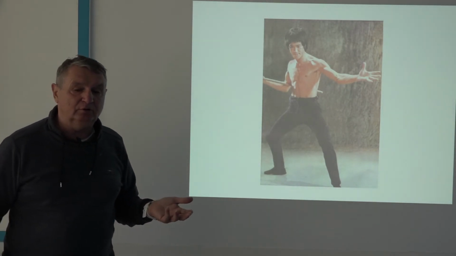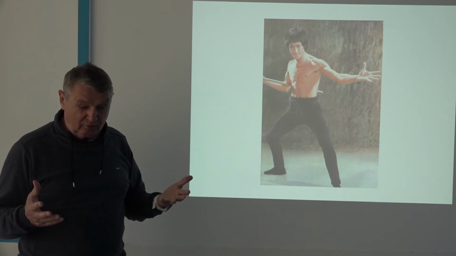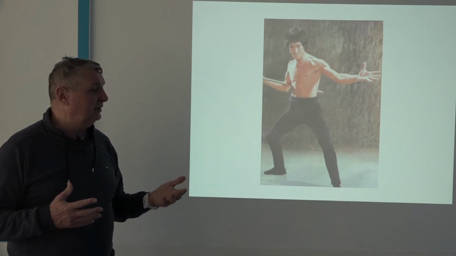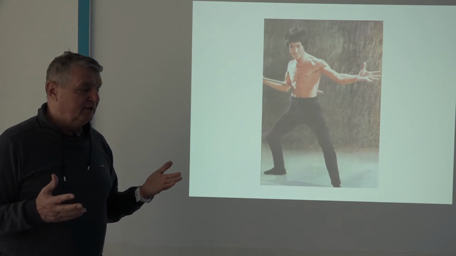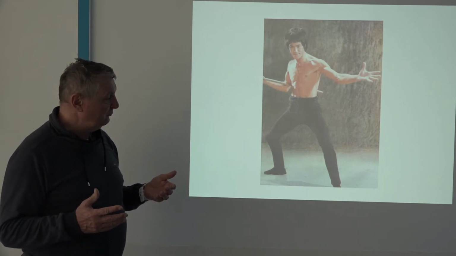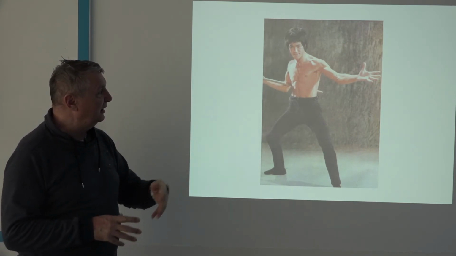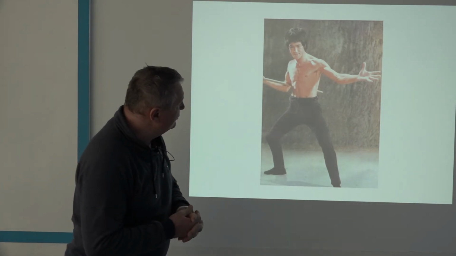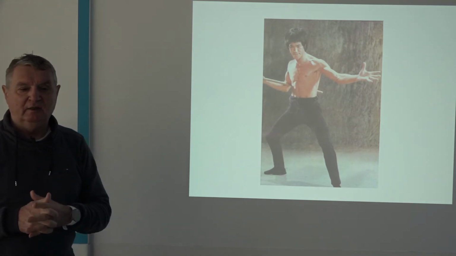So we talked about muscle size. We agreed that you have to have about 70% of your maximum, 7-8 set repetition in order to increase the size of the muscle. But look at this guy. Almost no muscle, but he was extremely powerful.